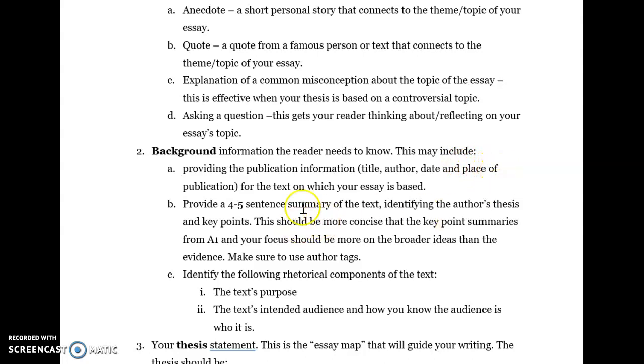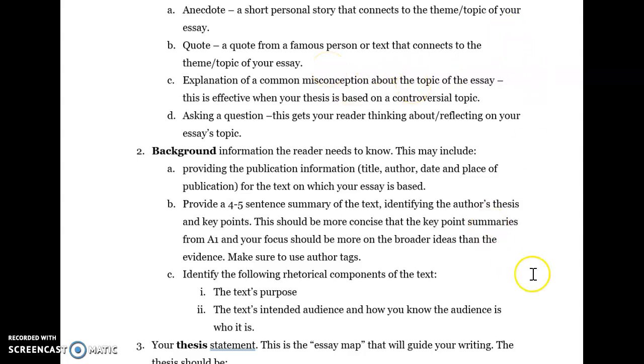You also want to include a 4 to 5 sentence summary using author tags, so identifying a couple of really important ideas in addition to the thesis. One of the things that I noticed in A2 is that students would identify the thesis and then they would kind of move on. Don't be afraid to allow your introduction to be longer.